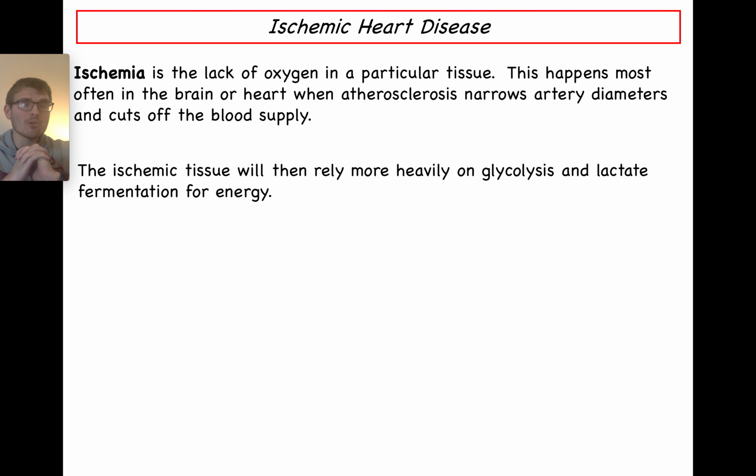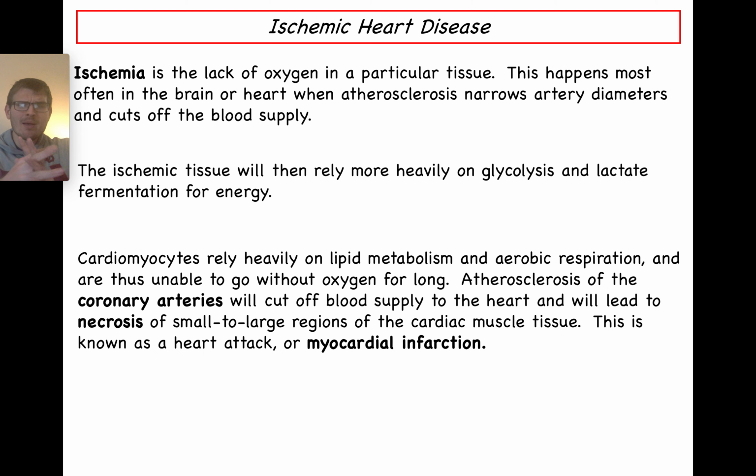With skeletal muscle, if your muscle fibers run out of oxygen due to overuse and overstimulation, they're going to have to switch over from cellular respiration, which produces a lot of ATP, to glycolysis and lactate fermentation, which does not produce a lot of ATP. That wasn't that big a deal for skeletal muscle because it is adapted to being without oxygen. It just means it's going to get tired very easily.